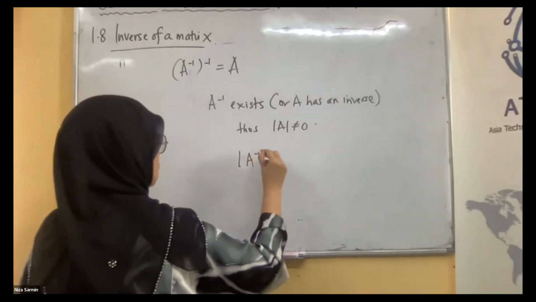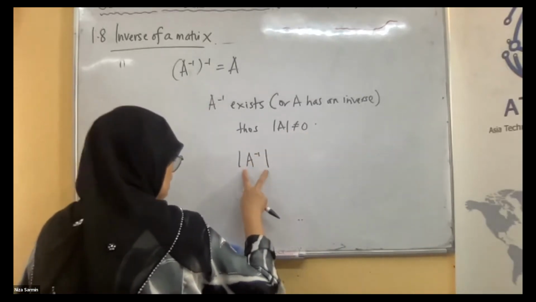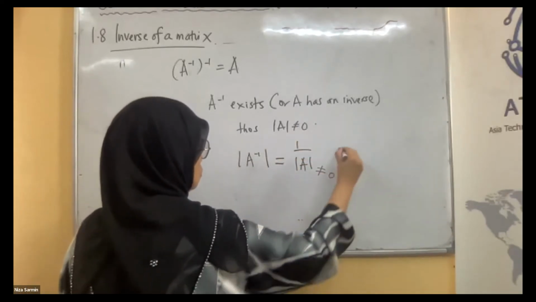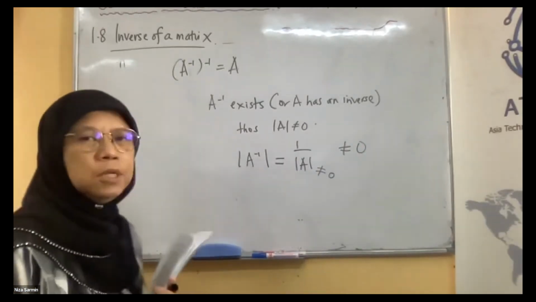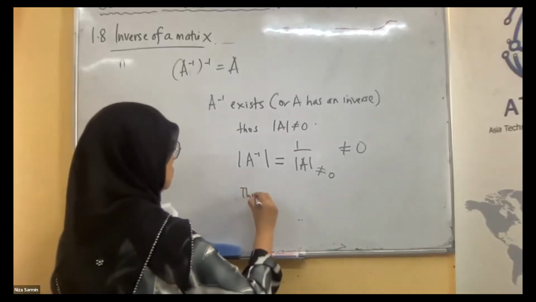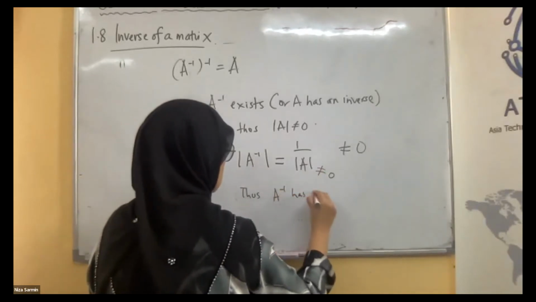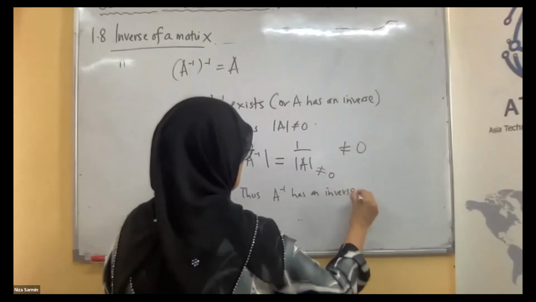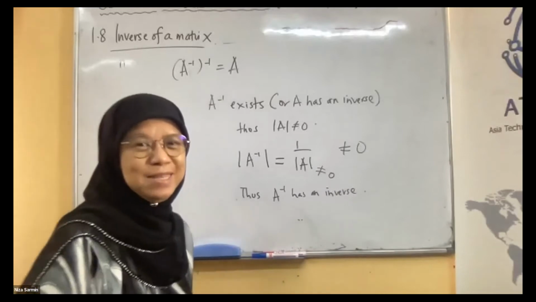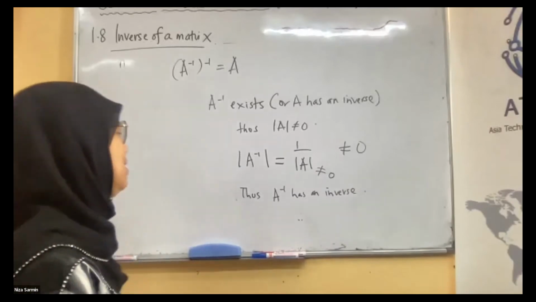The determinant of A is not 0, so the determinant of A inverse is 1 over the determinant of A. This is not 0, so the determinant of A inverse also is not 0. Thus, since the determinant is not 0, A inverse has an inverse. Pretty confusing, right? The inverse has an inverse, which is actually the original matrix, but we don't know that yet. Okay, what is the inverse of the inverse?